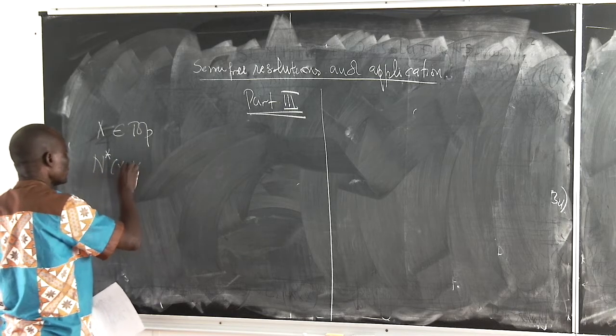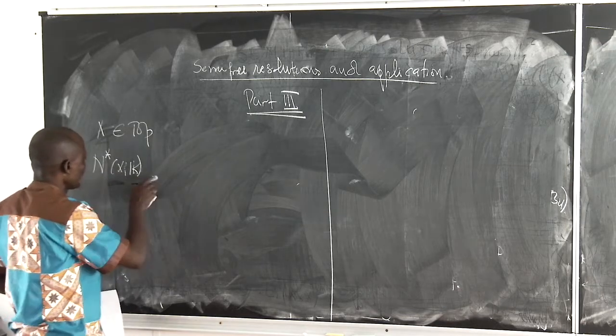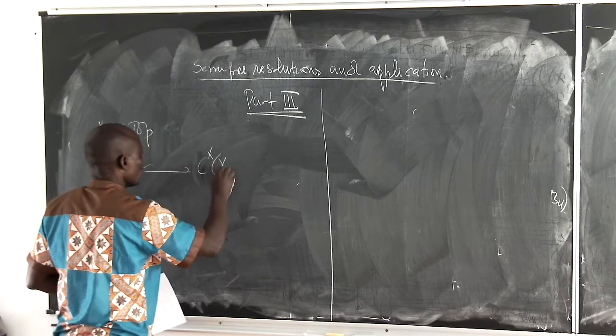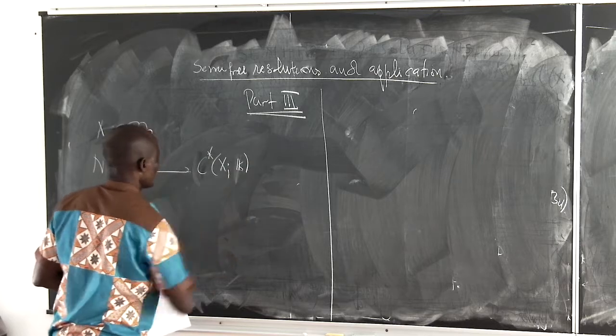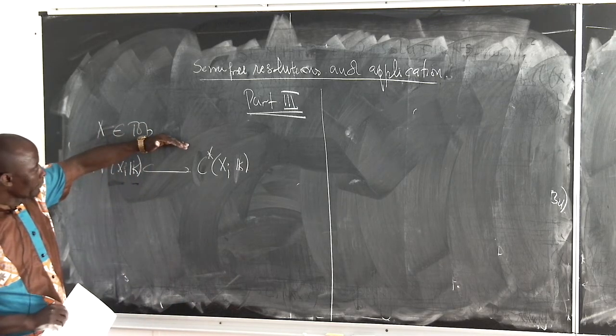We saw that the normalized singular chain complex is related to the singular chain complex by this map. We saw it when we were doing the notion of singular homology and cohomology.